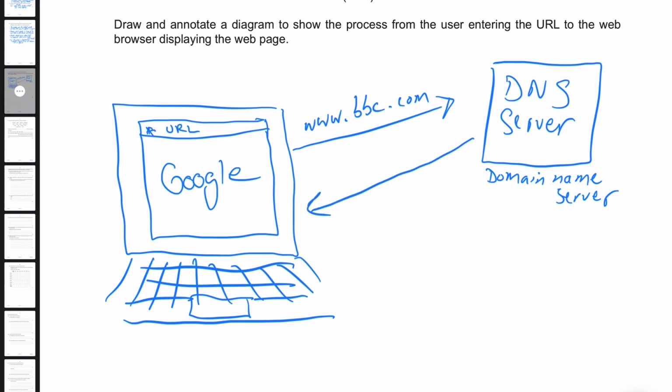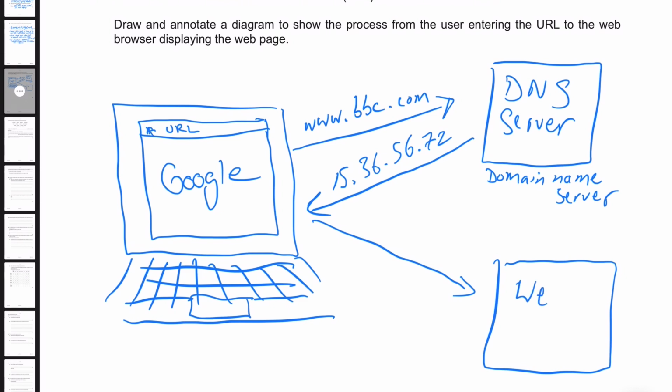So be that 15.36.56.72. Okay, I have no idea what it is. Okay, so it sends that back. Now then, the computer sends a message to a web server, the web server where this website, bbc.com, is hosted.